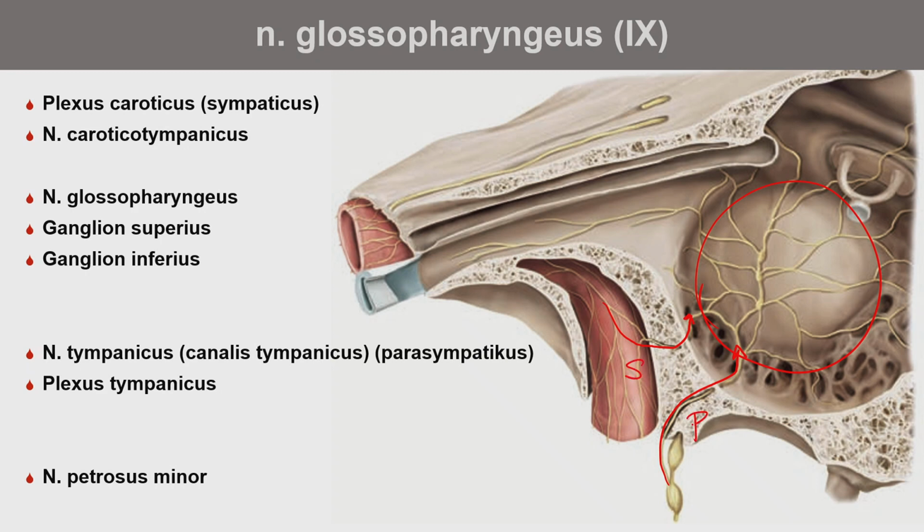Here we have a parasympathicus, and from this plexus is constituted a nerve which is going on the surface of the petrosal bone and called petrosal minor, and then it's going to the ganglion oticum. So remember that the parasympathicus to the otic ganglion is going through the tympanal cavity.